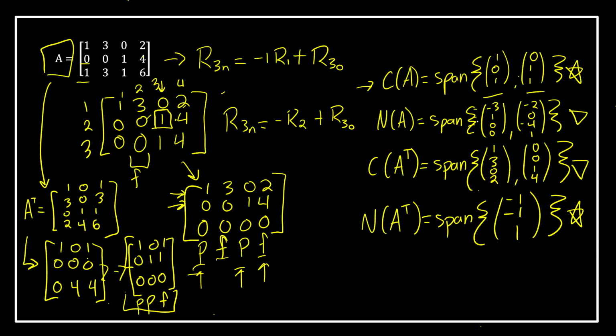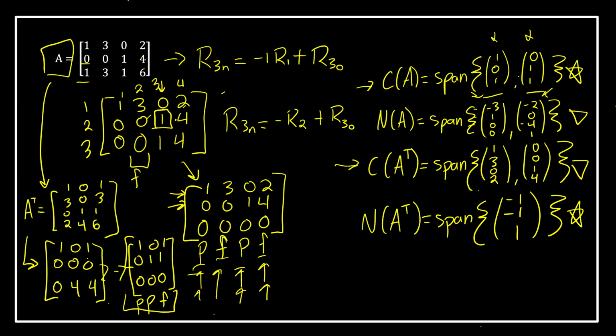And you can also tell our column space dimension is equal to our number of pivots, and our null space dimension is equal to our number of free variables. And the number of vectors between those adds up to our total number of columns. So we have 2 column space vectors, 2 null space vectors, which adds up to 4, and we have 4 columns in our matrix.